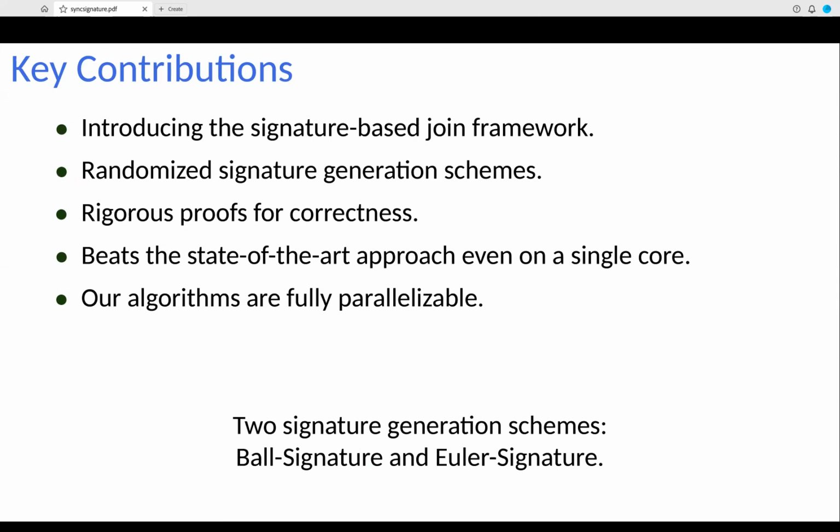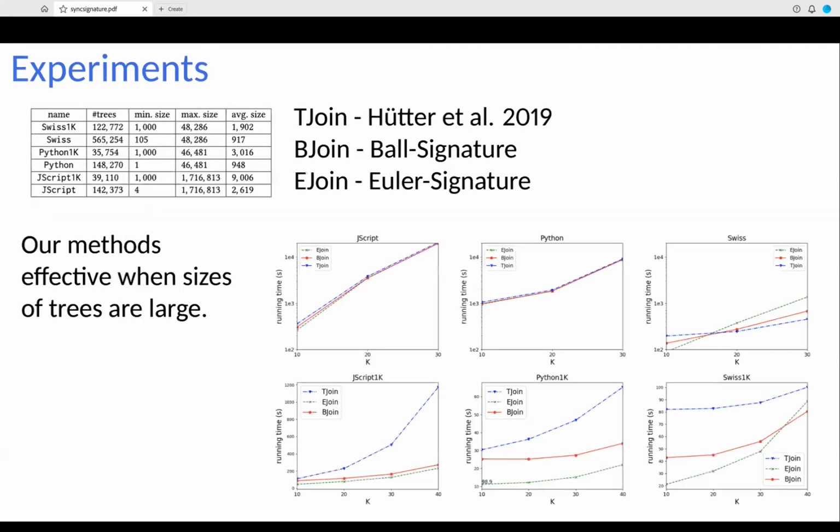I would also like to note that the proof that the signature works is pretty nontrivial, and we use some nice analysis to prove the correctness of our algorithm. In our experimental section, we show that the new algorithm outperforms the state-of-the-art approach, even on a single core. Additionally, our algorithm is fully parallelizable and you can implement it in a distributed fashion.